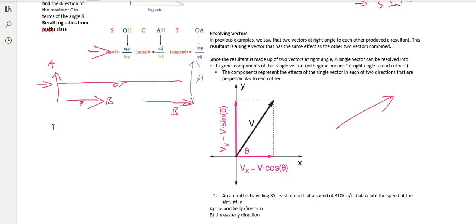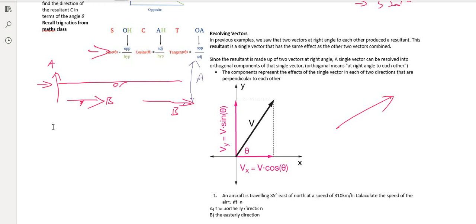So this runs us to what we call resolving vectors. The way we can talk about this vector is to say that it has what we call a horizontal component and a vertical component. All right.